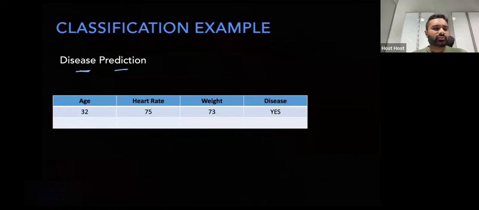Given these attributes, we need to classify them either as a person having a disease or a person not having a disease case. So it is a yes or no kind of classification problem. And since the output, which is the class value, which we usually denote with the abbreviation Y, is one of the categorical value, this problem becomes a classification problem.